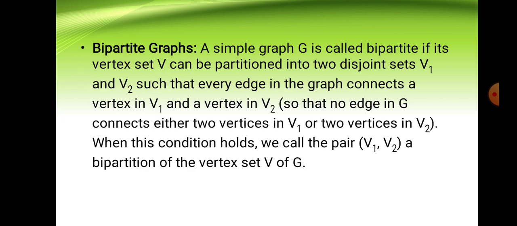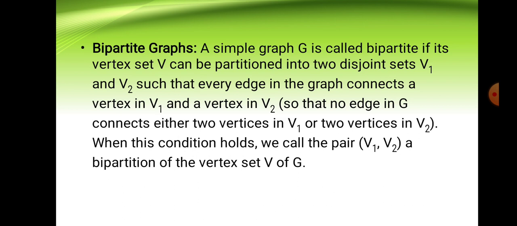Bipartite graph. A simple graph G is called a bipartite graph if the vertex set V can be partitioned into two disjoint sets V1 and V2 such that every edge in the graph connects a vertex in V1 and a vertex in V2, so that no edge in G connects either two vertices in V1 or two vertices in V2.